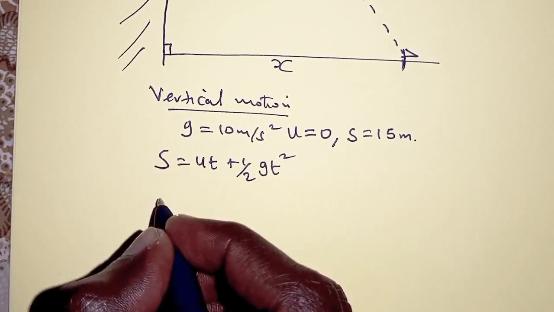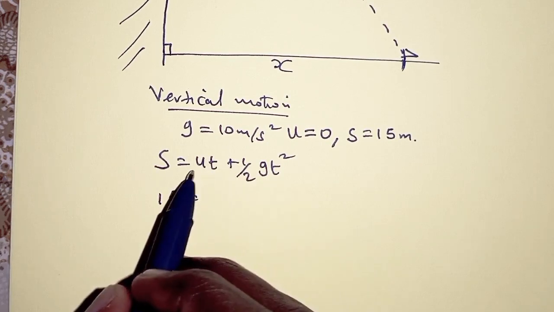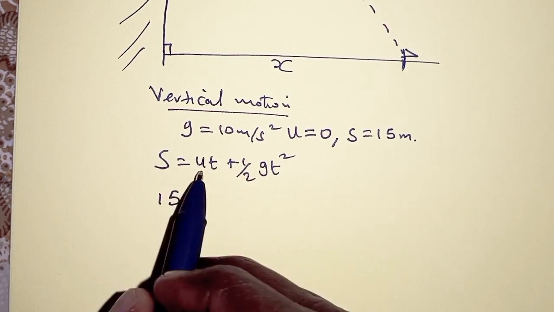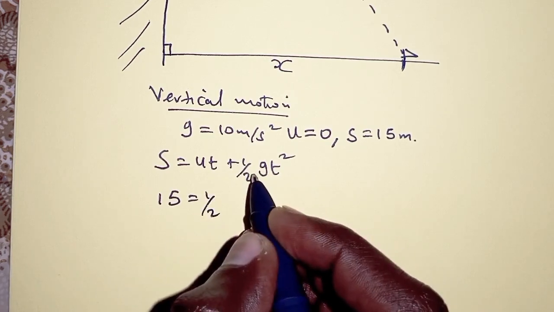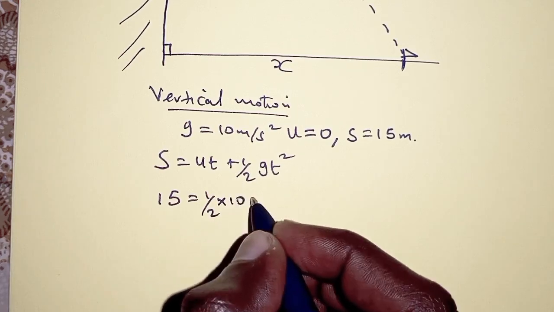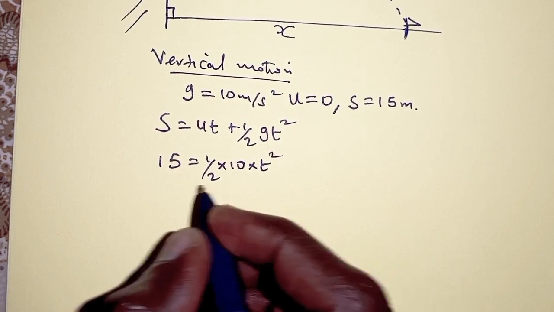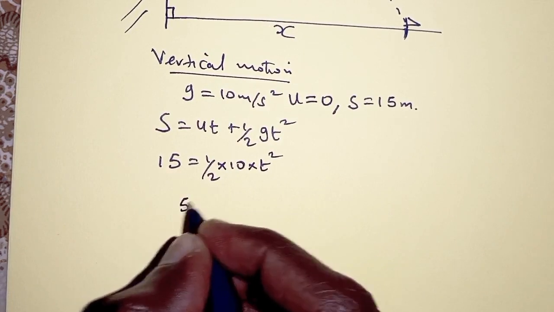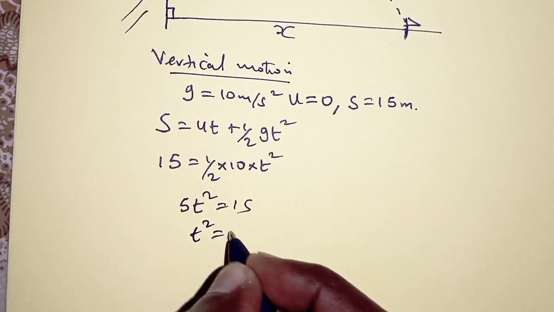So s we have as 15. Now this term here will be 0 because u is 0. So 0 times t is 0. So we'll only have a half gt squared, and g is 10. So times 10 times t squared. So here we'll have 5t squared is equal to 15, and therefore t squared is 3.